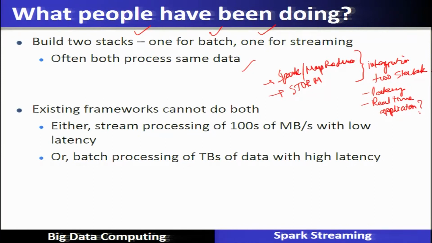That is why this particular framework, which we are going to discuss in today's lecture, called Spark streaming, will integrate both batch and streaming applications using the same stack.